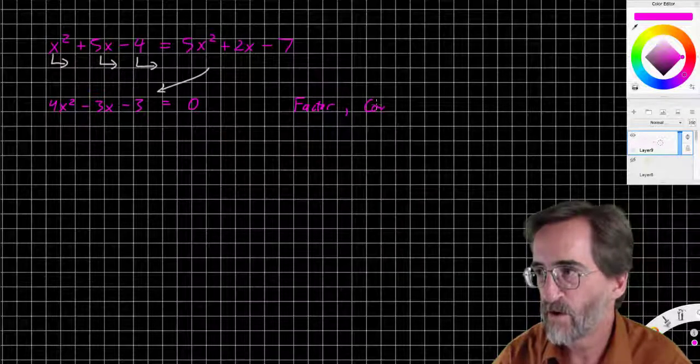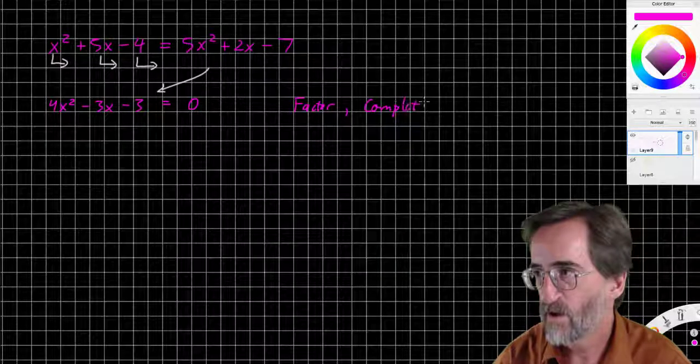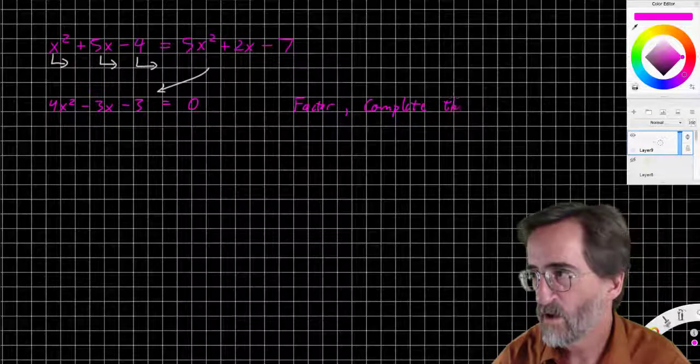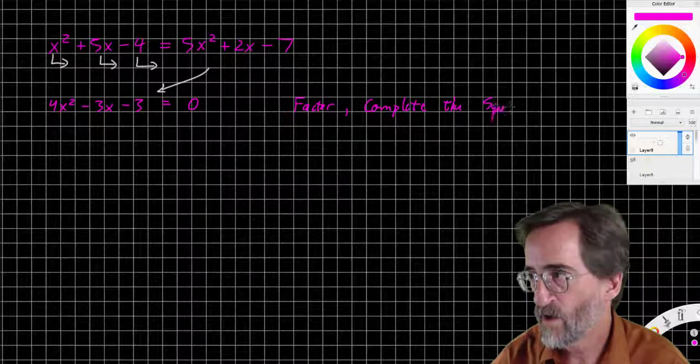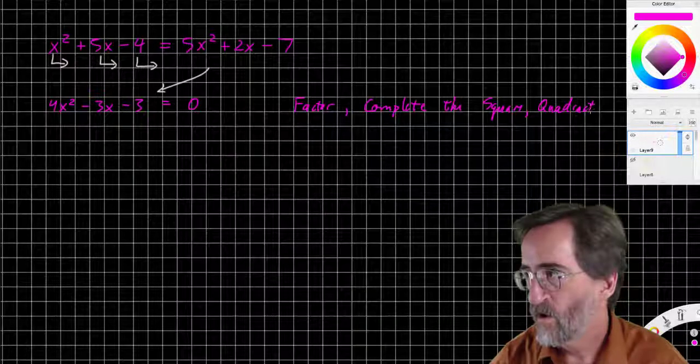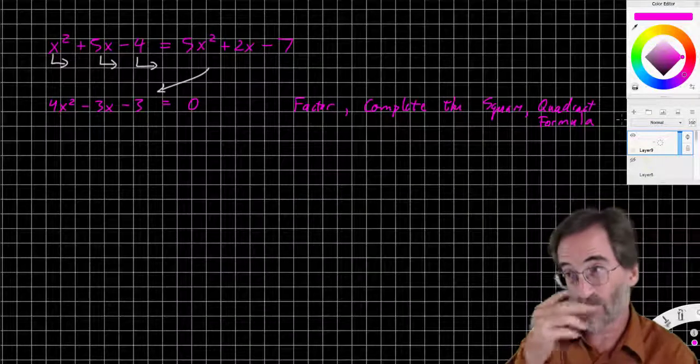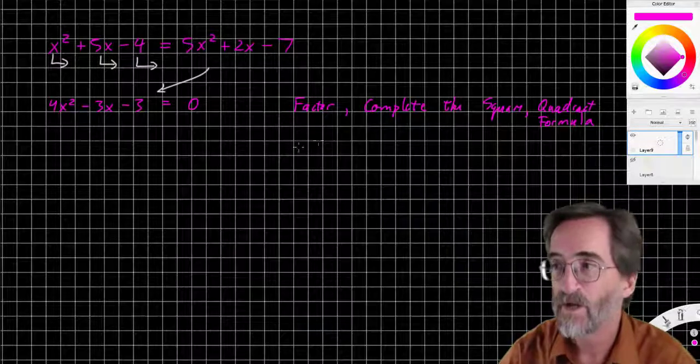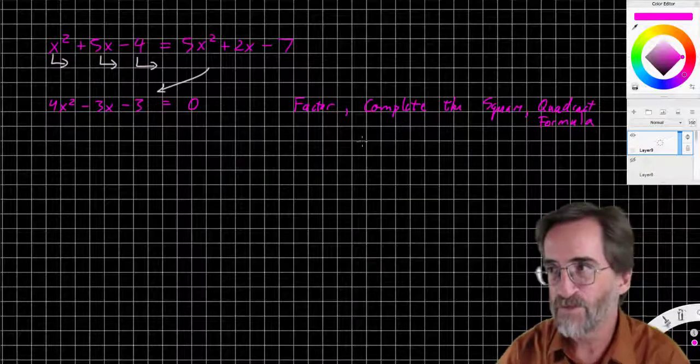Complete the square. And quadratic formula. I put them in that order because the quadratic formula actually comes from completing the square, so they're pretty much the same technique. But in pre-calculus, you're going to need to be able to do that.